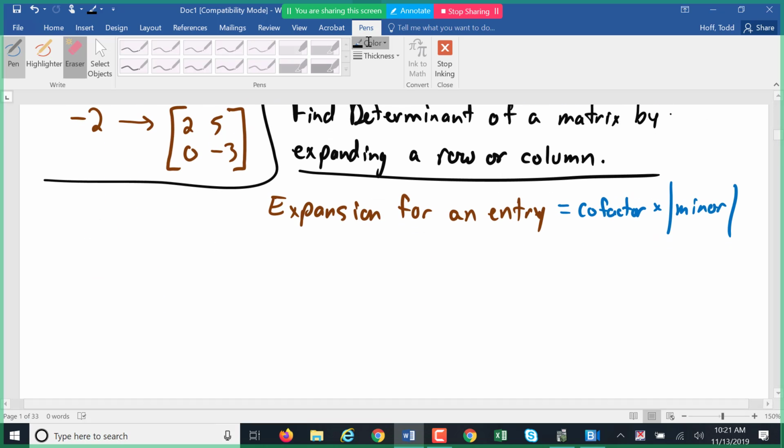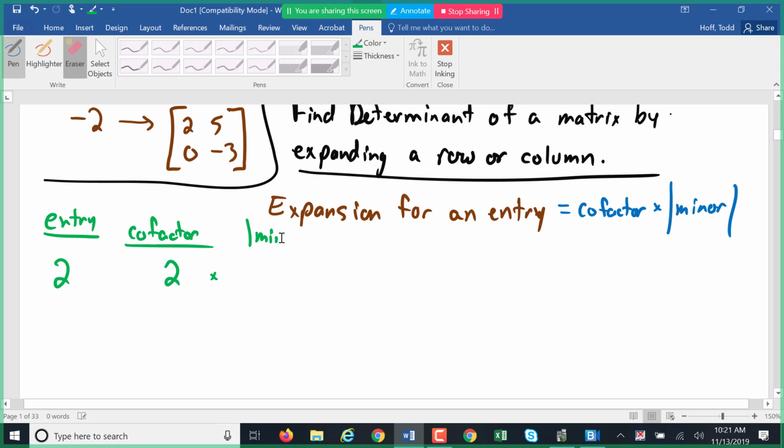The entry is the 2. The cofactor, it's in row 1, column 1, that adds up to 2. That's even, so the cofactor is just 2 times the determinant of the minor.